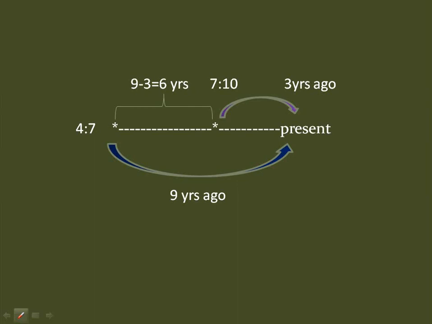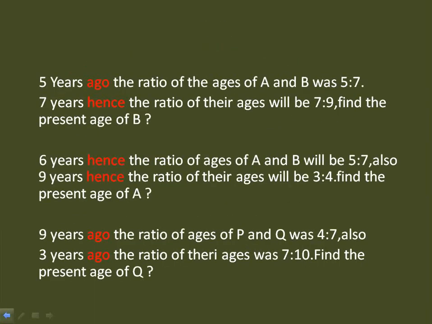Friends, we cannot do this type of analysis for each and every problem while we are writing the examination. For that, we have a thumb rule and one shortcut. As and when you see ago, hence, you can easily identify what to do and what not to do.